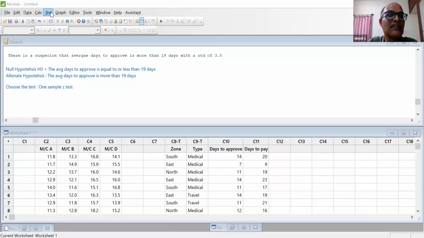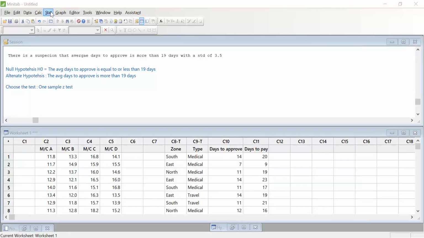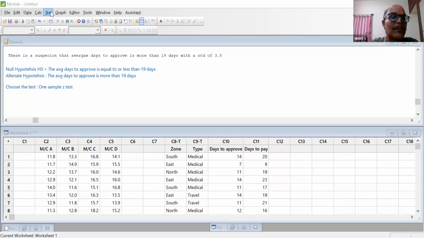You can see Stat. Stat and Graph are the only two areas that the people who do analysis will use. The other things are more or less like an Excel sheet only, right? So Stat and Graph, these are the two things we have to always look into.